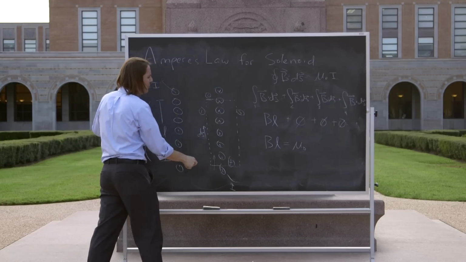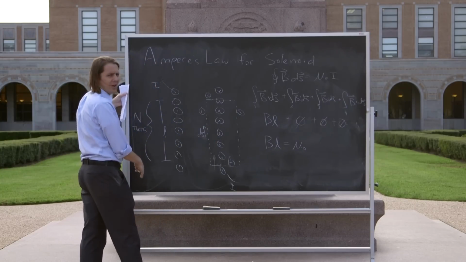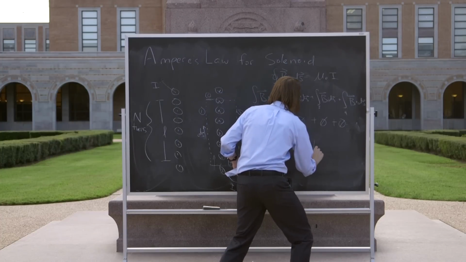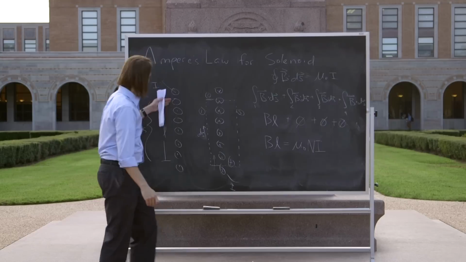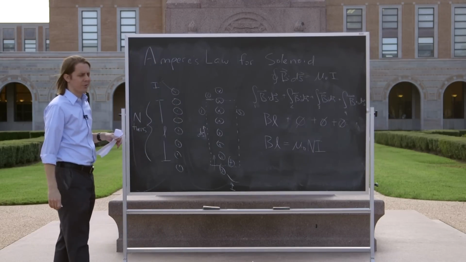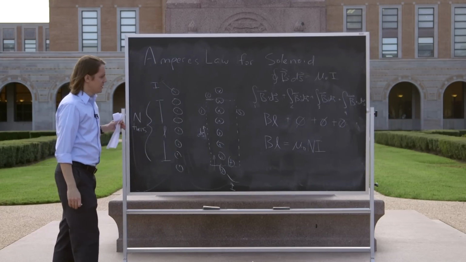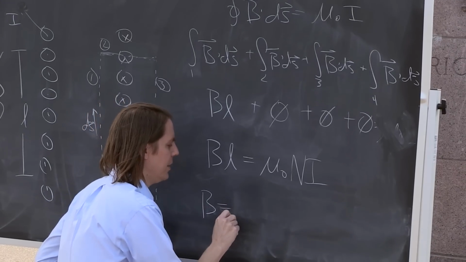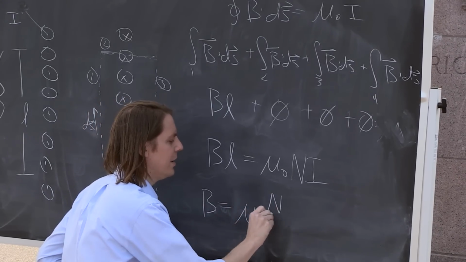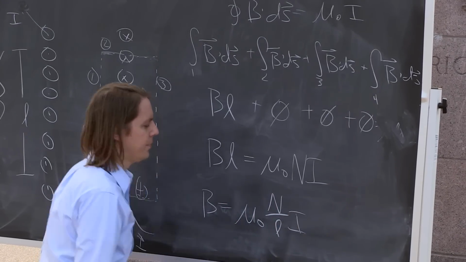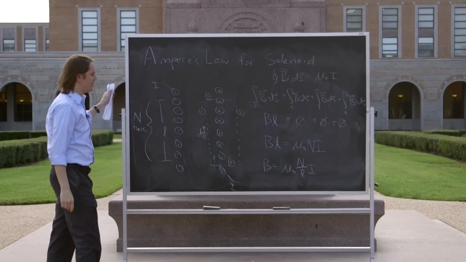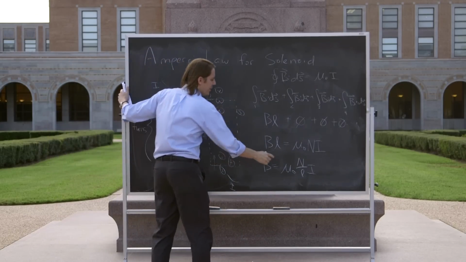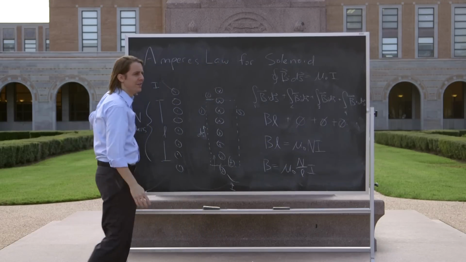The total current in this loop is the number of turns times I. So BL equals mu naught times the total current, and the total number of turns in this length L would give that. So now we can say the B field inside the solenoid is mu naught N over L times I. So it only depends on the permeability of free space, the current in the solenoid, and the number of turns per unit length, the density of turns.